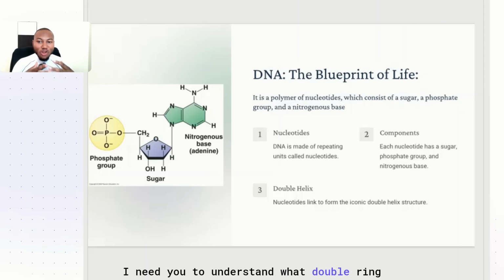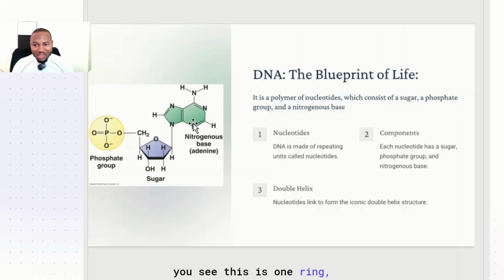I need you to understand what double ring structures are. Examples of purines are adenine and guanine. If you look at the diagram, you see this is one ring, this is another ring. When you are looking at the nitrogenous base, that is a double ring structure. So the purines are double ring, while the pyrimidines are what? Single ring. I want you to be able to understand it in the exam.